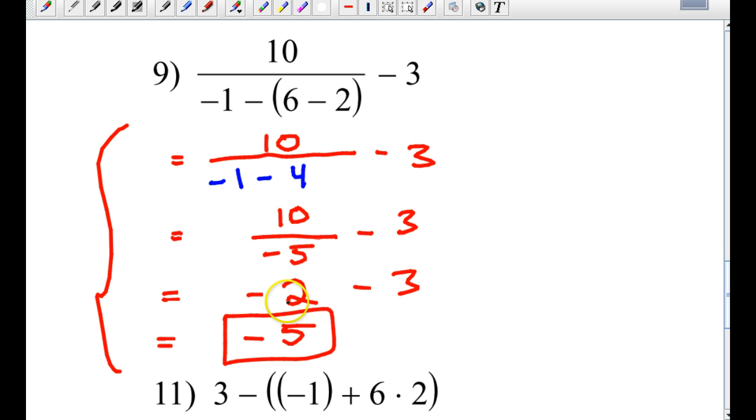So it's 6 minus 2 is 4. And then there's a minus out front. Because if you spend $1, you spend $4. Altogether, you spend $5. -1 minus 4.